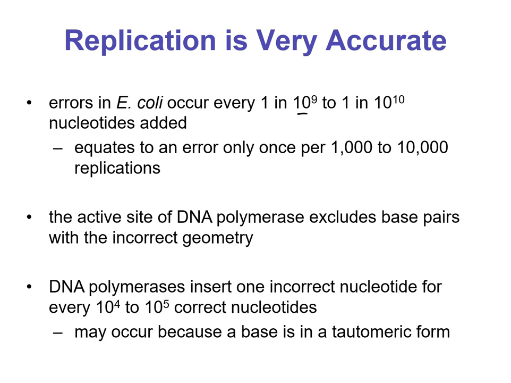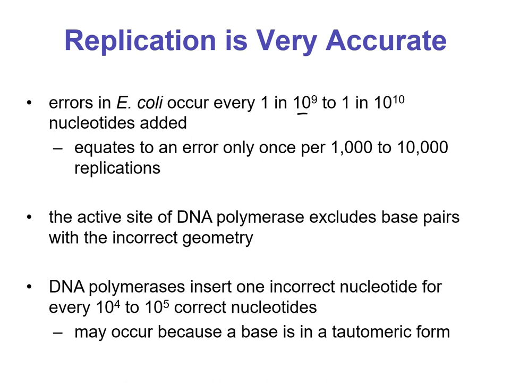The active site of DNA polymerases excludes base pairs with incorrect geometry. So it's hard to get a match of an adenine with something other than a thymidine. But it can happen. But this doesn't account for all of the accuracy of replication.